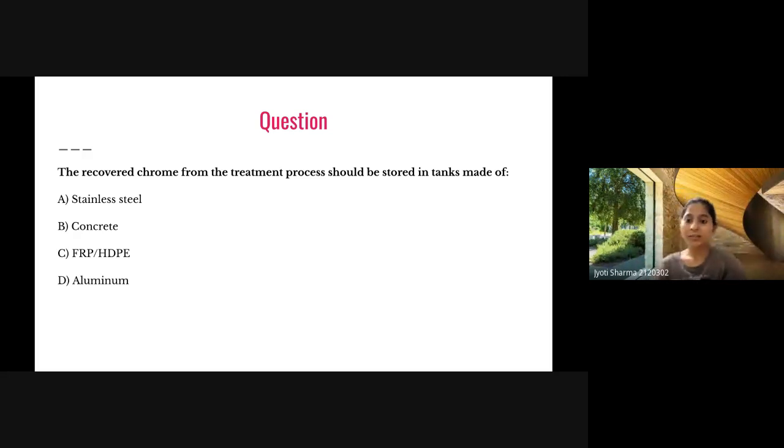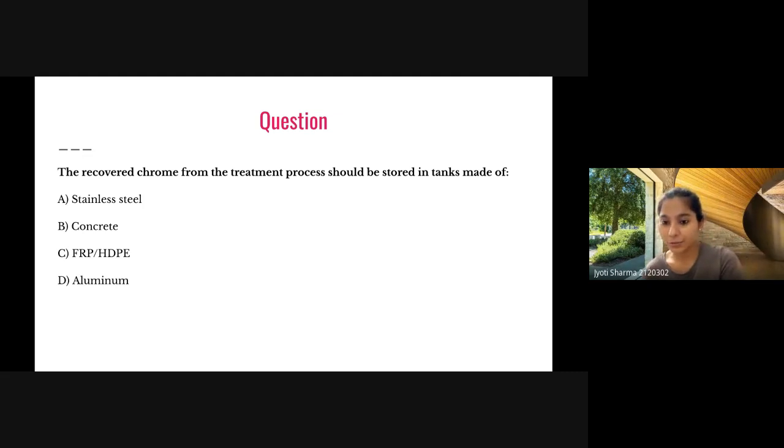Okay, so you both gave me the C answer. Can you tell me the full form of FRP and HDPE? What is the full form of FRP and HDPE? And why are we storing chrome in that kind of container only?